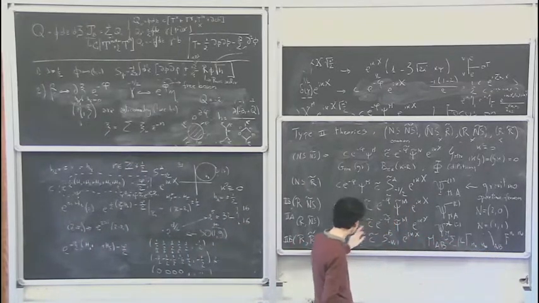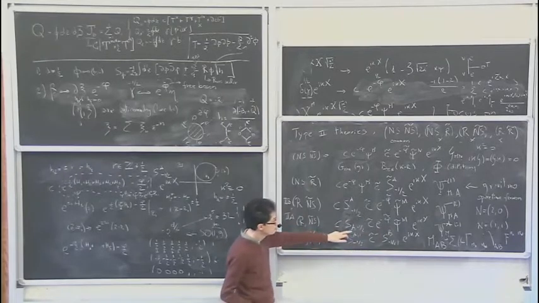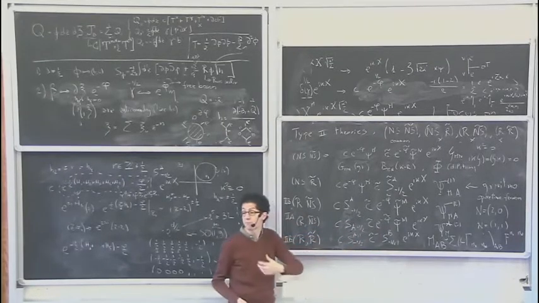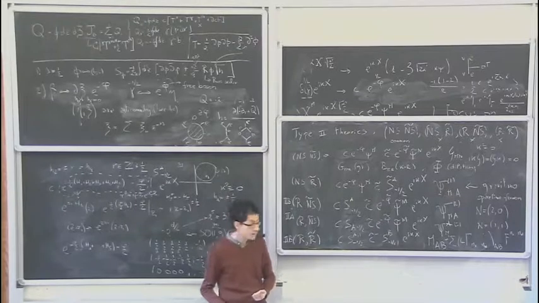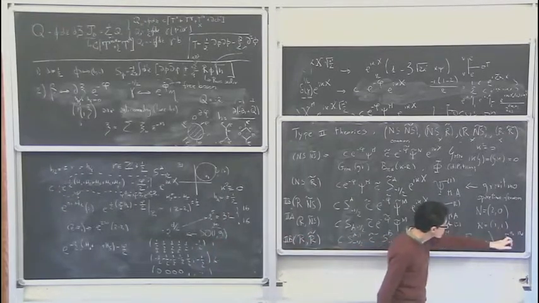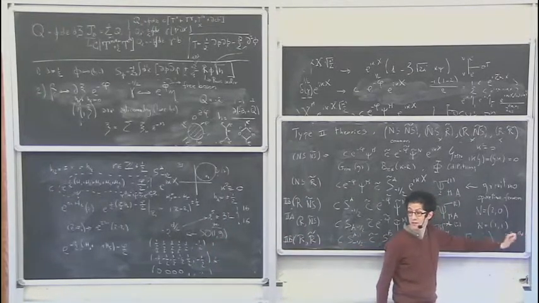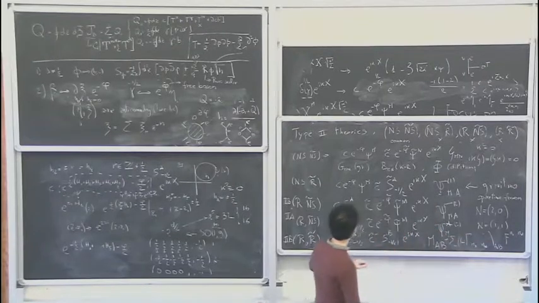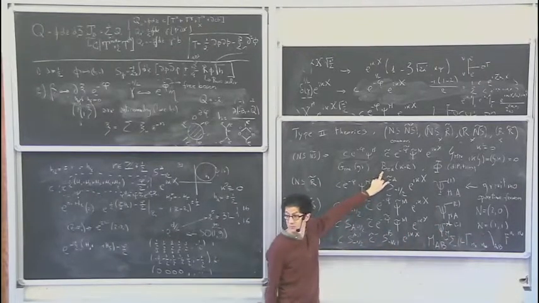So you see that this Ramond sector contains a lot of forms, a lot of fields that have anti-symmetric indices. So they're a bit of a generalization of this B mu nu.